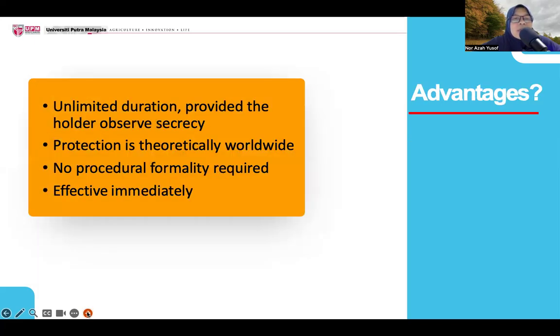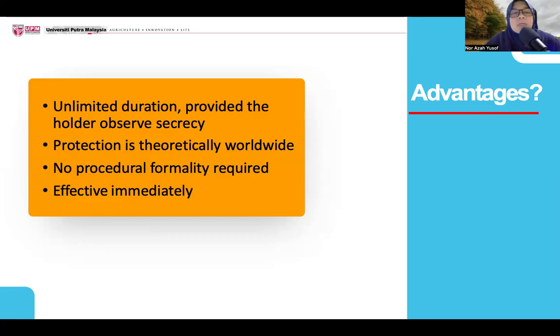These are characteristics of trade secret: unlimited duration, because for patent there is a time limit, and it has to be maintained every year. Protection is theoretically worldwide. For patent, if you file for Malaysia, it covers only Malaysia. So somebody who uses your innovation in Thailand or Indonesia, you cannot sue them.